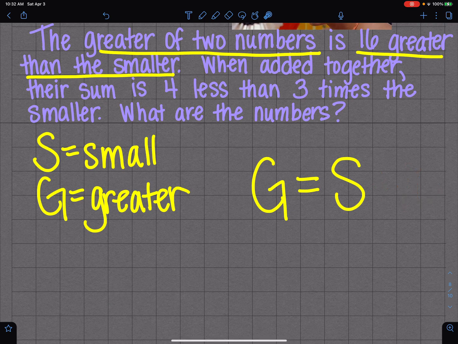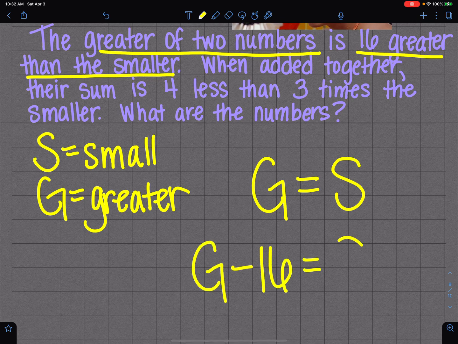So you could write it like that, either add 16 there, or you could do what they do in the book, G minus 16 is equal to S, because they said the greater of two numbers is 16 greater than the smaller.